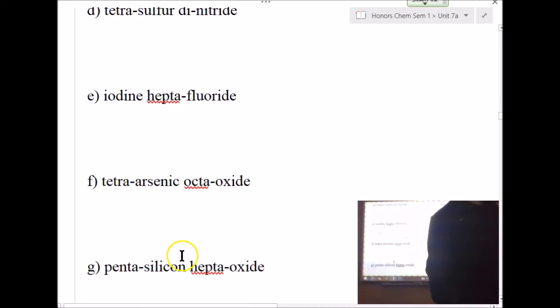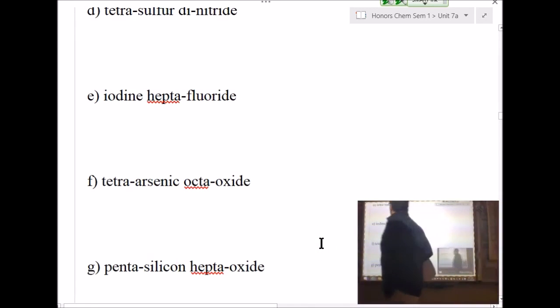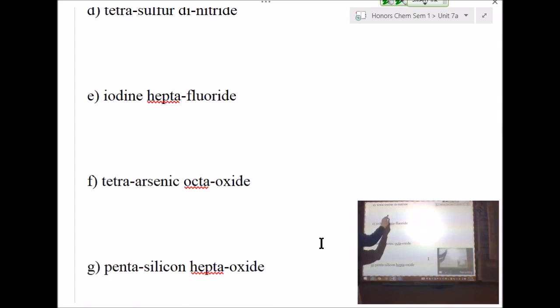Looking at D, E, F, and G. All right, so D, tetrasulfur dinitride, S4N2, good. What is iodine heptafluoride? IF7. Hepta.